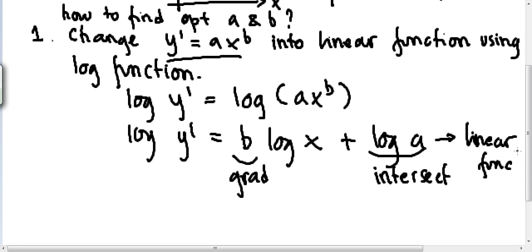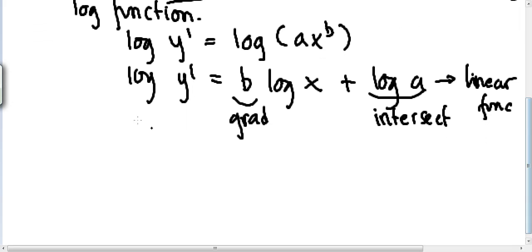I will write it down in a simple form. I rename the log y accent as p, small b becomes capital B, log x becomes q, and the intersect becomes capital A.